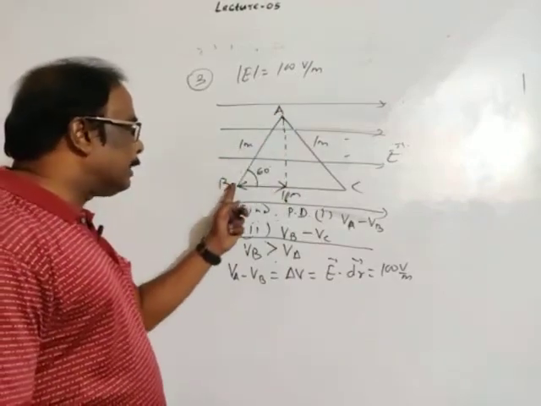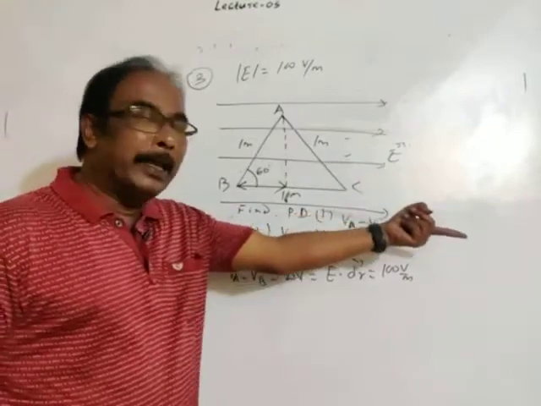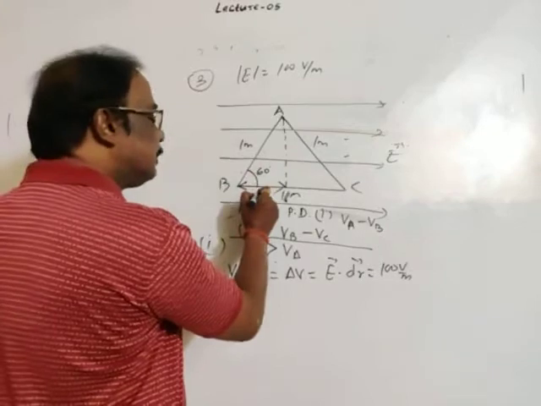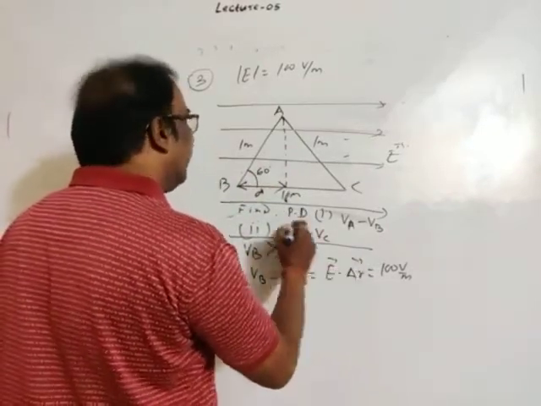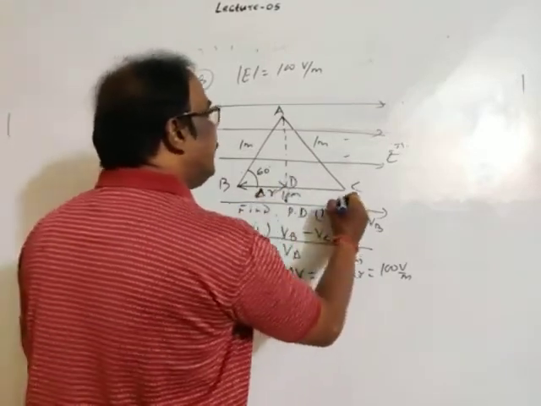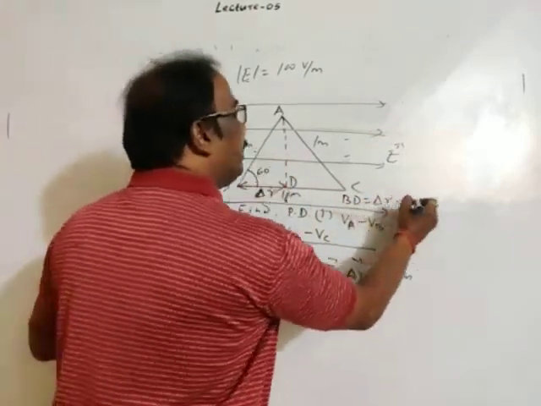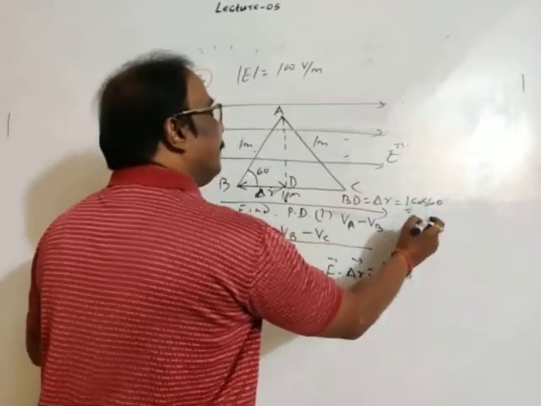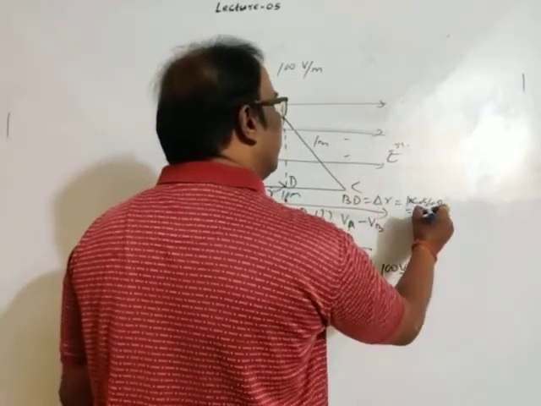This is point A, this is point B. Along the direction of the electric field, this is the distance, delta R. Let this point be D. Then BD, or delta R, is equal to 1 cos 60, which is 1 by 2, that is 1 into 1 by 2 meter.